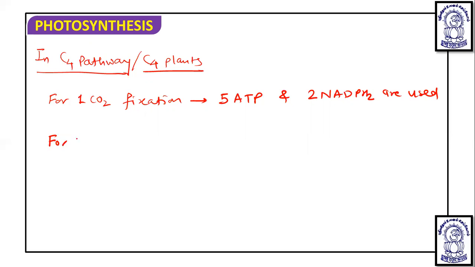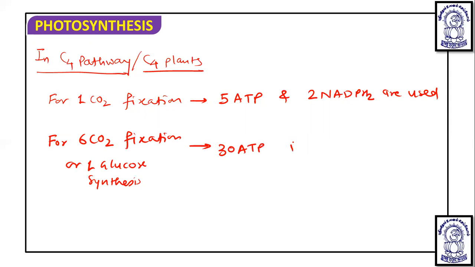So for 1 CO2 fixation it is occurring. So for 6 CO2 fixation or 1 glucose synthesis, we multiply with 6, then 5 times 6 are 30 ATP and 6 times 2 is 12 NADPH2 are used.